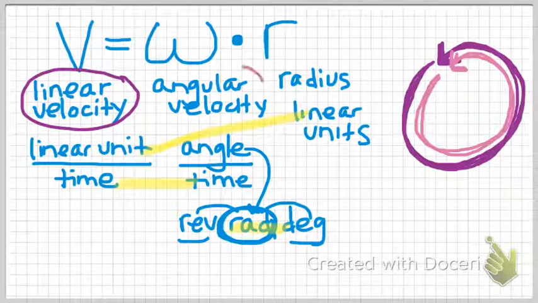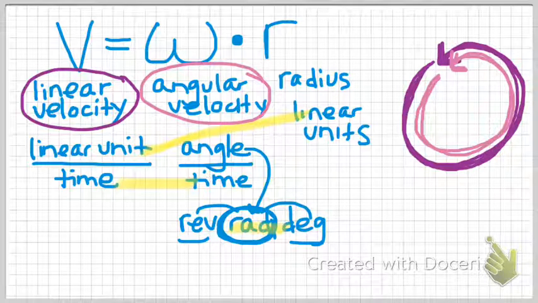And so that's angular velocity. And your linear velocity depends on your angular velocity and the radius. The bigger the radius, the further you're going to walk. The bigger your linear velocity is going to be, right? The smaller the radius, the shorter the path that you walk is, and so the smaller your linear velocity. So these three ideas are related through this formula.